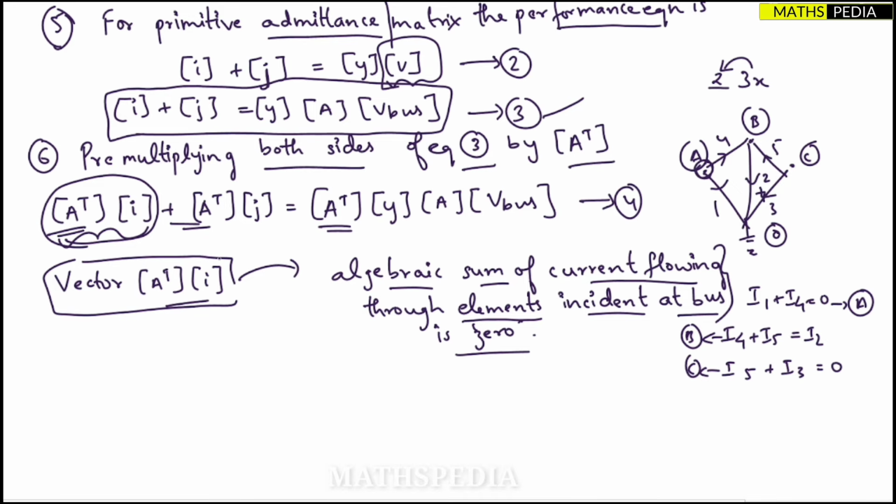Now next, coming to this part, A transpose into I. A transpose into I, sorry, I is finished. We are going for J. A transpose into J. This is also an algebraic sum.